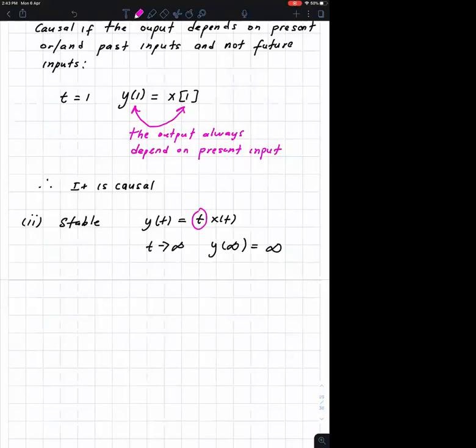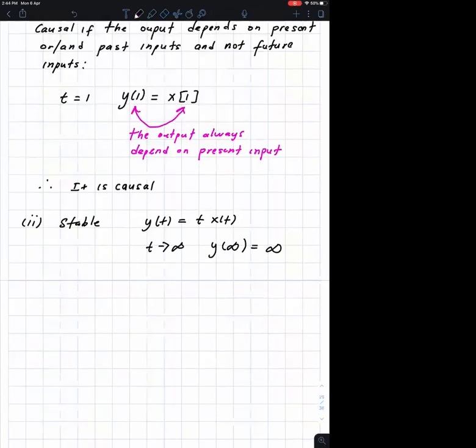As you increase t, it will keep on growing. Any question? Not stable.